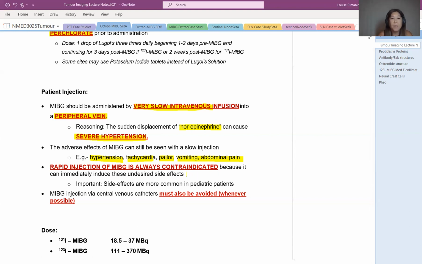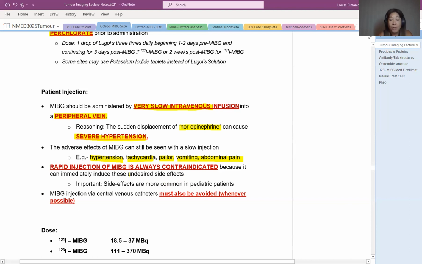And oftentimes you can almost know the second that the MIBG enters into their bloodstream, because their heart starts to race, they start to sweat, right? They start to feel unwell.